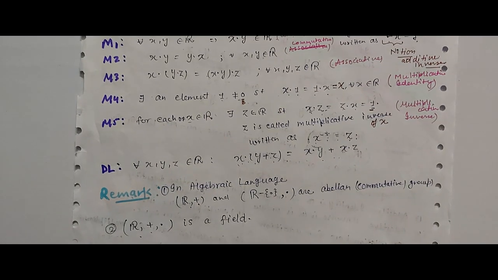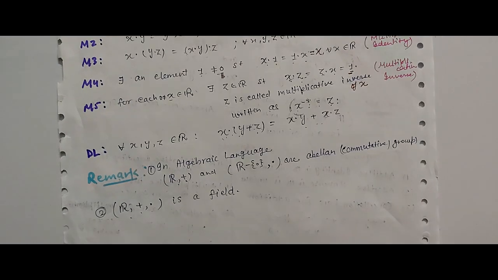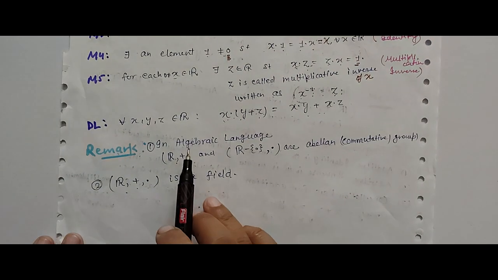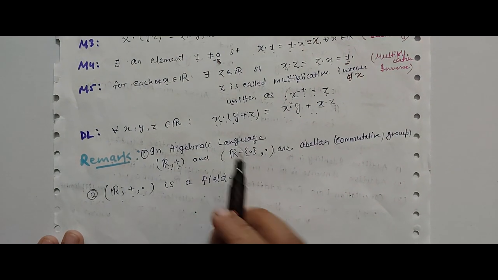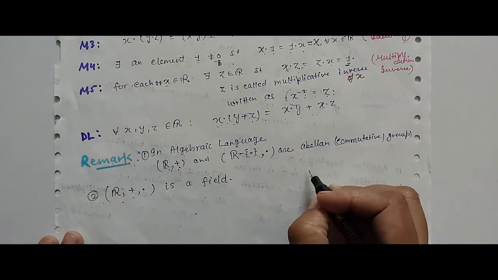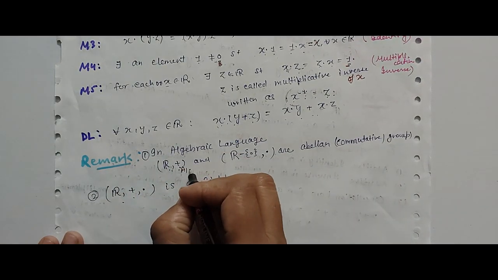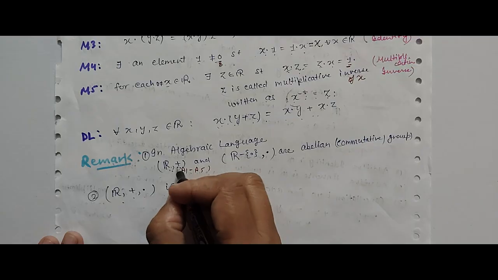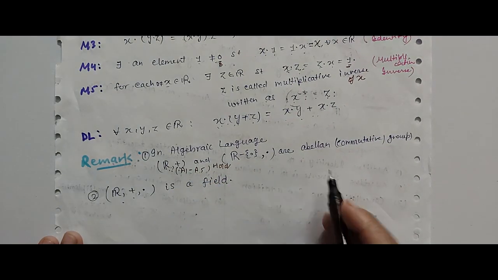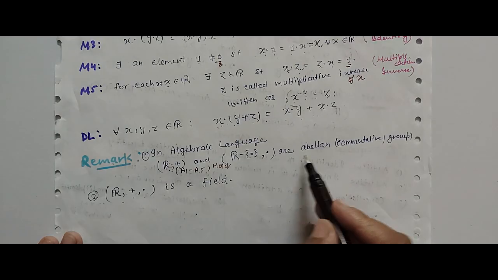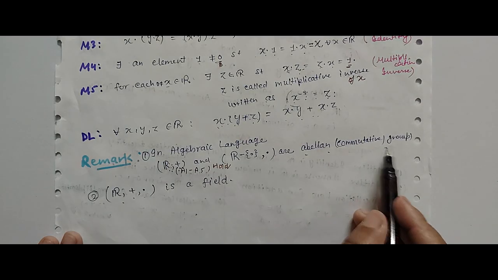Okay, so now look at these properties with these axioms. What is the structure of set R with these axioms? In algebraic language, if you consider the set R with the operation addition and the axioms A1 to A5 hold, then we say (R, +) is an abelian group.